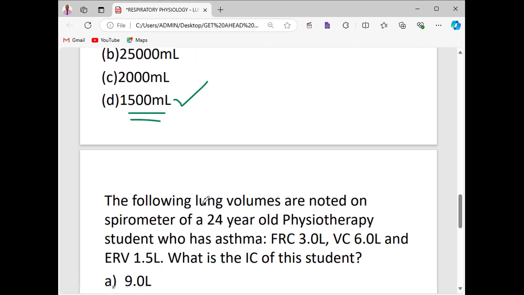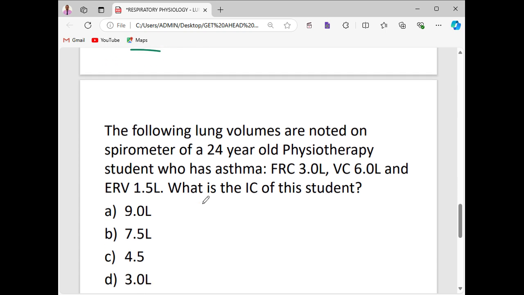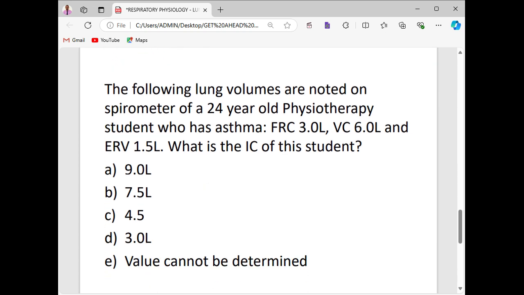All right, for a better understanding, let's look at another question as well. Question 2 says the following lung volumes are noted on spirometer of a 24-year-old physiotherapy student who has asthma.